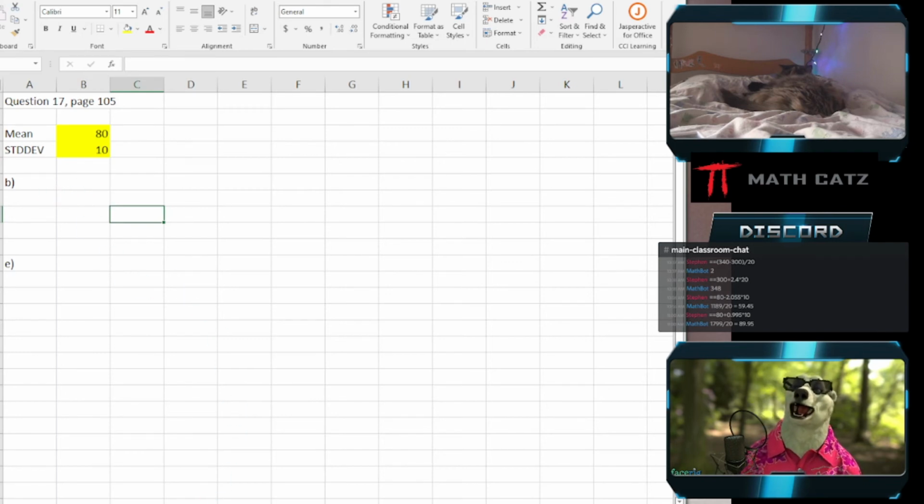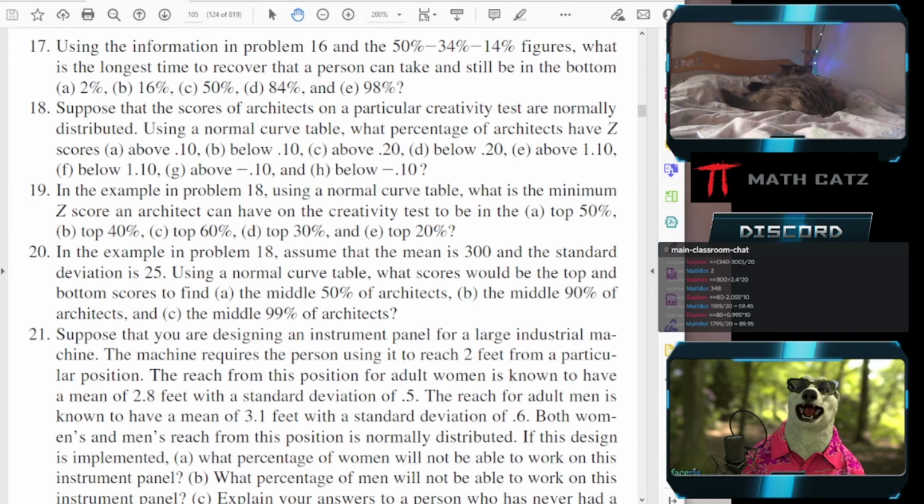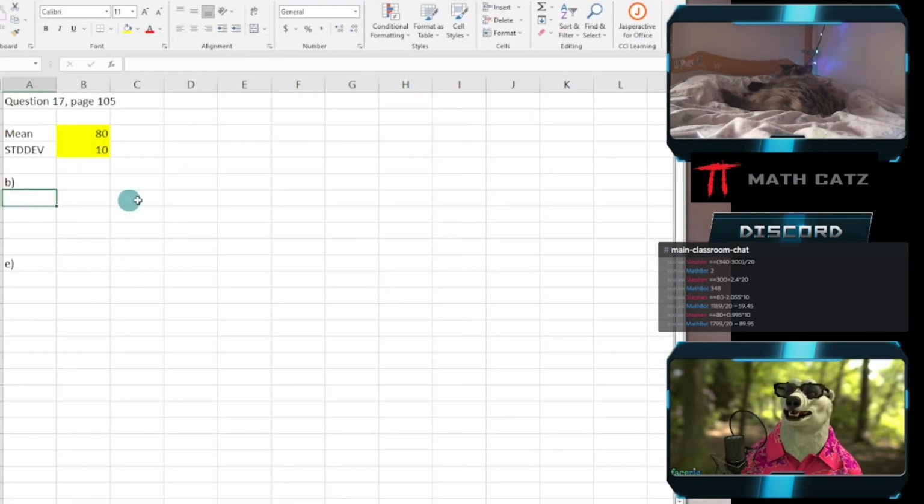So now I want to work with 16%, and I want to be in the bottom 16%. So now let's say the percentage below is 16%, like so.